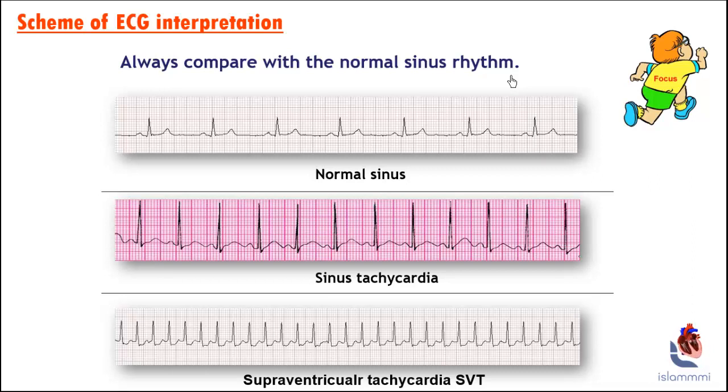And here the heart rate is very rapid, more than 150, but at the same time, no P wave. So once I cannot see a clear P wave, this is not sinus tachycardia, this is supraventricular tachycardia. That's why I brought the strip in the middle in order to compare.